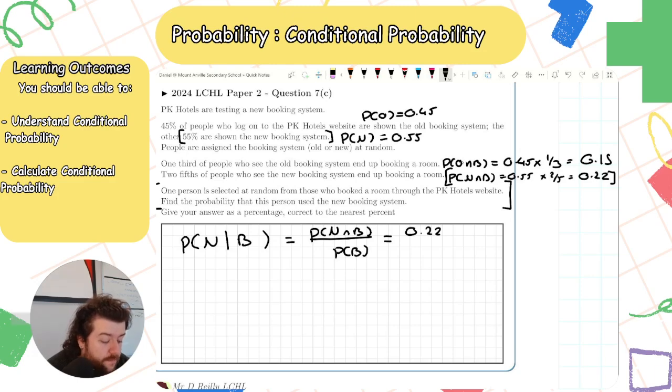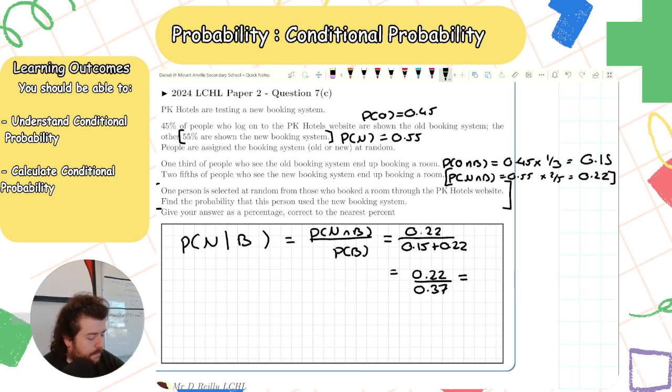They either use the old booking system and booked a room, or they use the new booking system and booked a room. So the probability of booking a room is just 0.15 plus 0.22. So it'll be 0.22 over 0.37, which is equal to 0.59 to the nearest percent. So it'd be roughly equal to 59%.